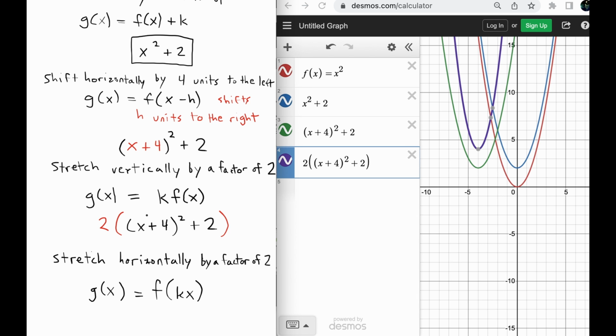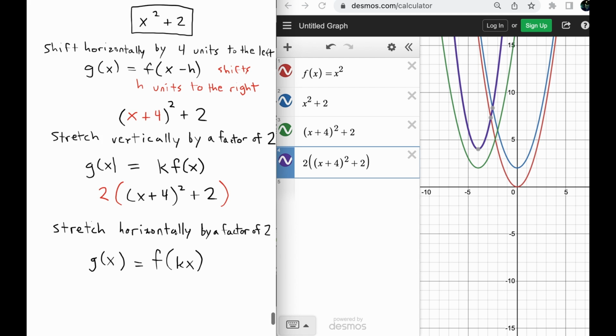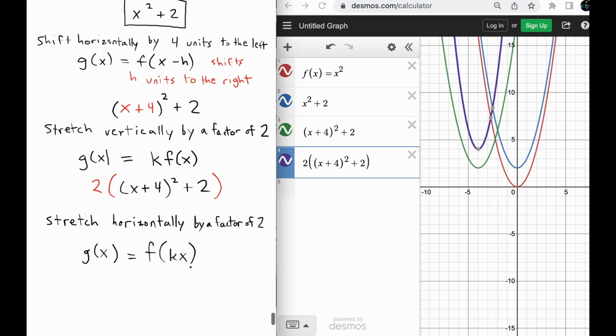But the funny thing about the horizontal stretch is, just like horizontal shift, it's the opposite of what you'd think. So if I take my original function that I was working with here, I rewrite it, I gotta put some number in there directly multiplied by the x. So what number should I put?